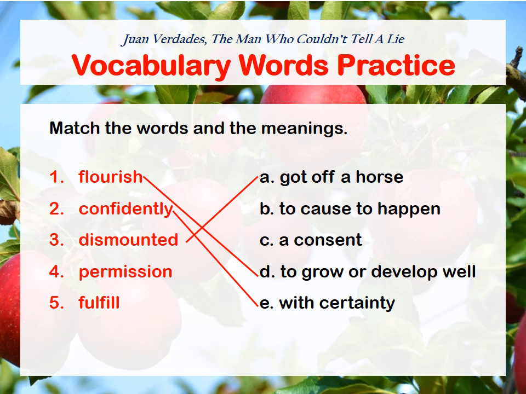A. Got off a horse. 4. Permission. C. A consent. And finally, fulfill. B. To cause to happen. I hope you get them all correct. Now, you may go back to your RWN page 213 and answer the exercises there.